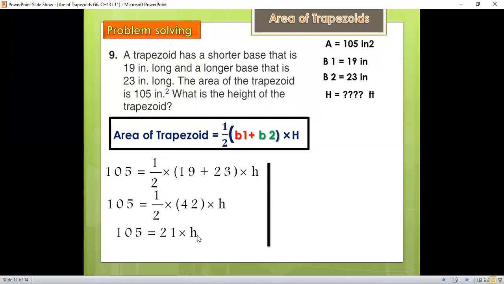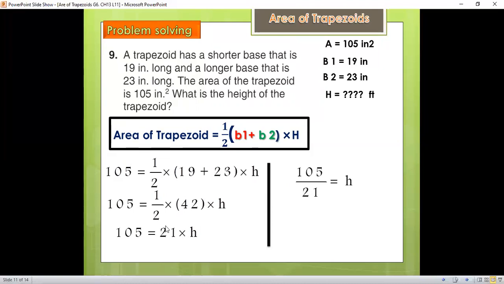We need to get the height. Then what about 21? 21 is multiplied here. Then we move it to the other side by the opposite sign. Here is multiply, the opposite sign is divide. Then the height is 105 divided by 21.